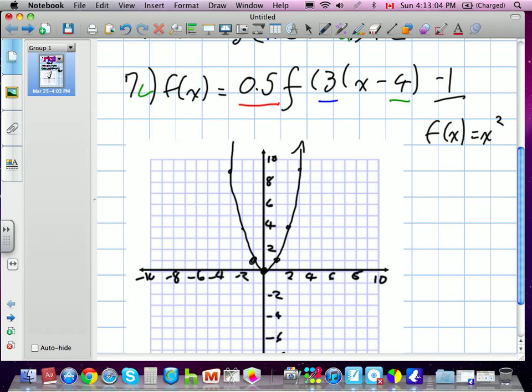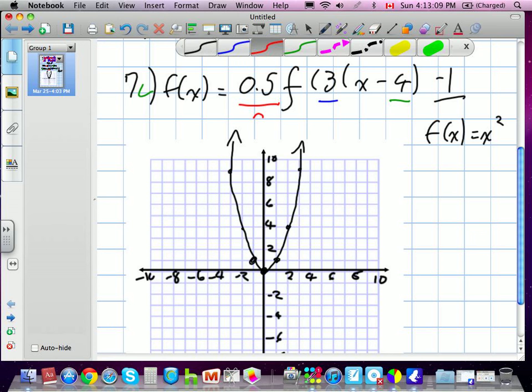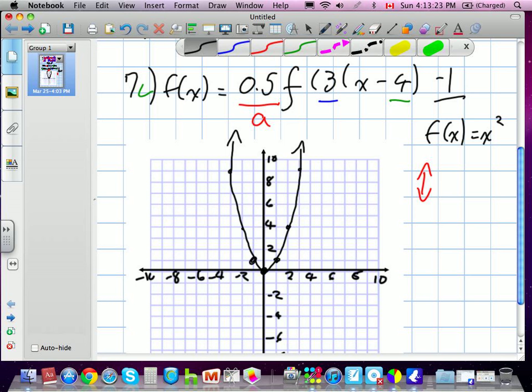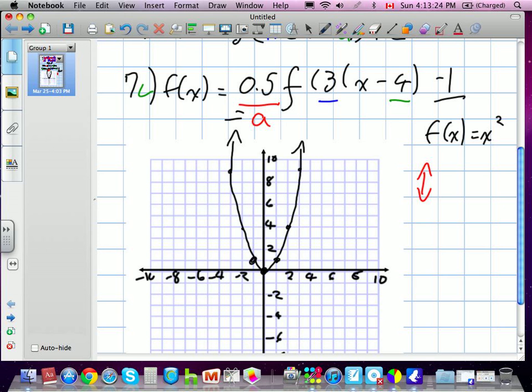Okay, so let's talk about the very first one. We're going to talk about A. A is a vertical stretch, so we're talking pulling it up and down by a factor of 0.5. Okay? So in other words, we can take our major points here. Now, this will not affect our vertex on this one, and same with K not affecting our vertex. So we don't have to worry about those two affecting the vertex, but they will affect all the other points.